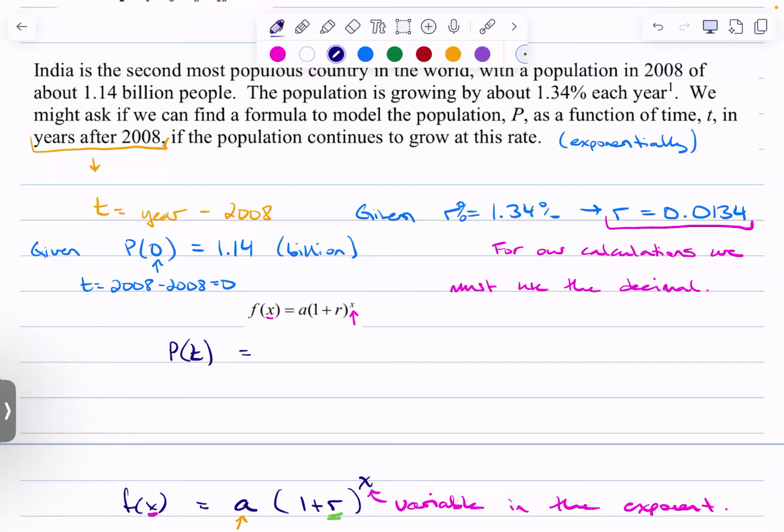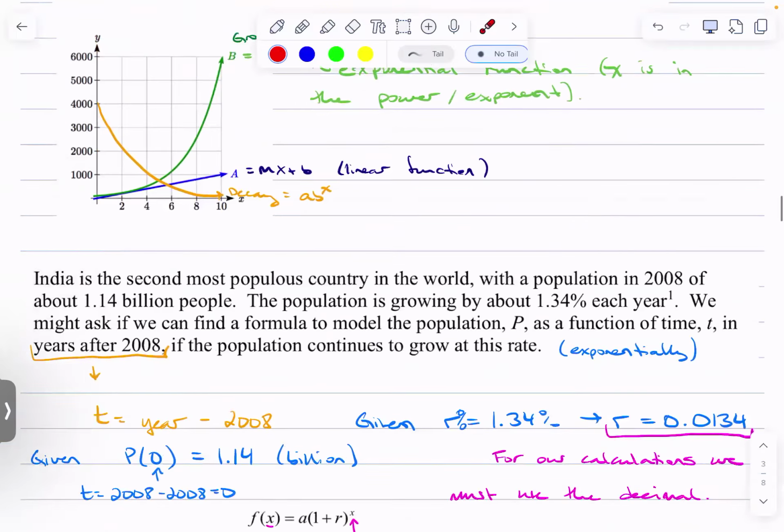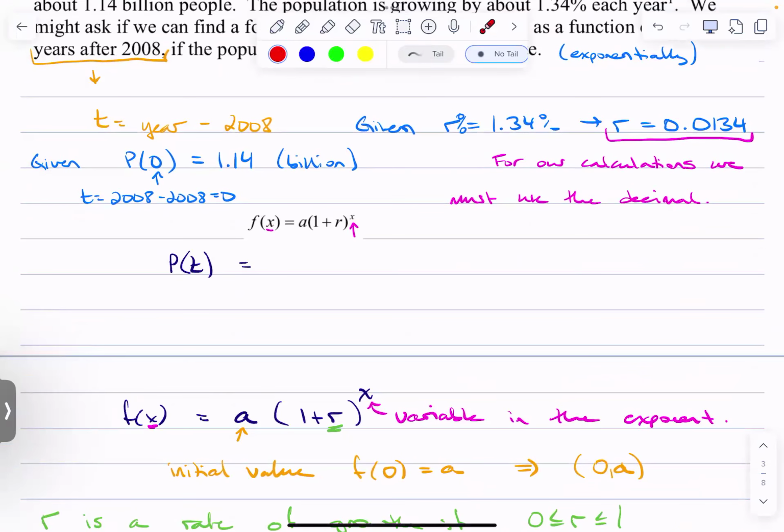And we're finding the population size. Now A, remember, is the initial or starting value of the function, which is really going to be p of 0. So p of 0, my starting point, 1.14, must be A, by definition.